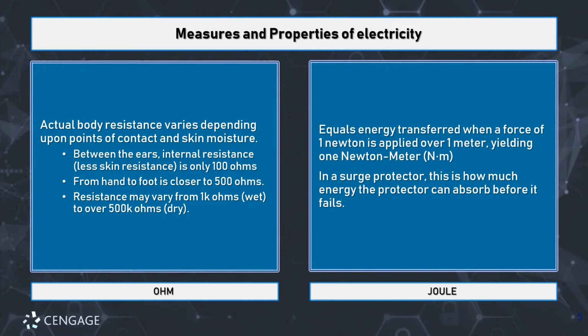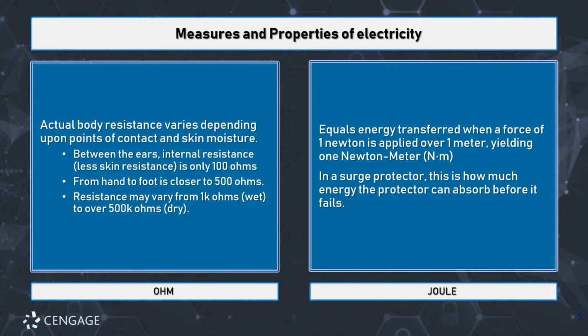So if you were to grab a line with your hand and then discharge and ground through your foot, that would be a resistance of about half a kilo ohm. And then from about 1 kilo ohm up to 500 kilo ohms, half of a giga ohm, is the difference in resistance between wet and dry tissue. So the ohm is a very interesting form of measurement.